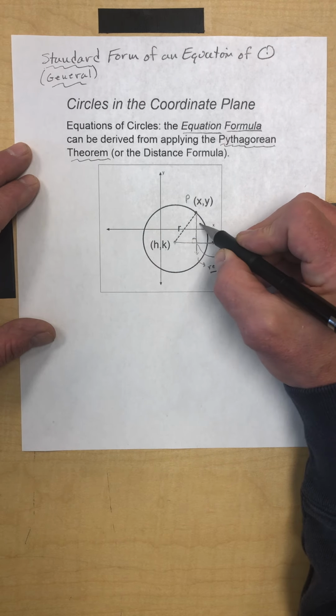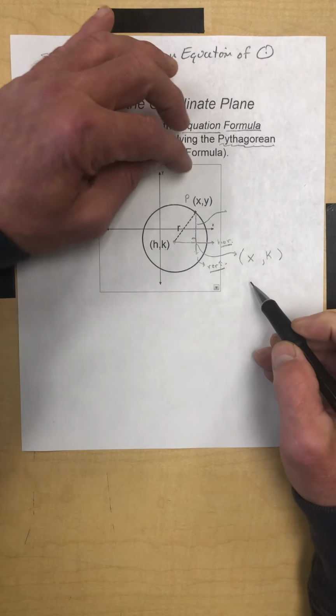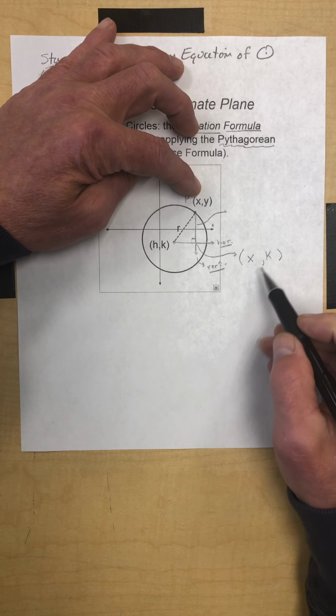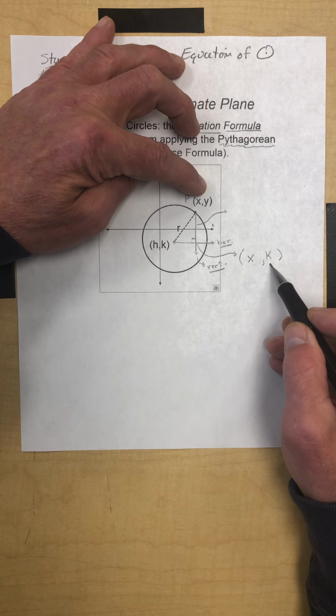Let's take this vertical leg. It goes from point P to this point, and notice that the x coordinates are the same. So all I have to do is subtract the y coordinates to get the length of that leg. So just go y minus k.